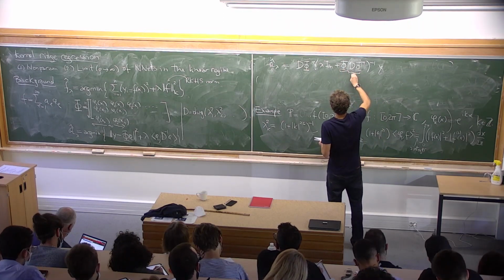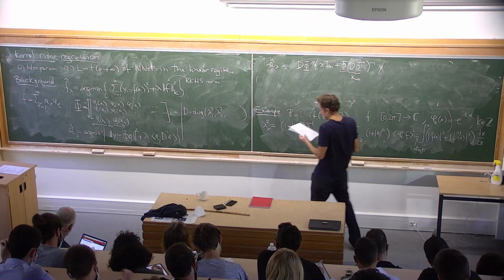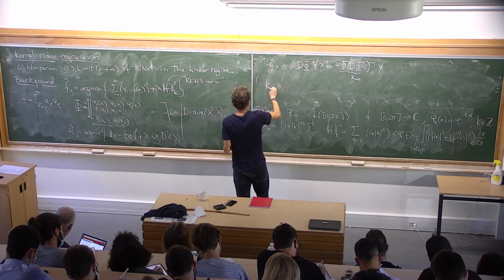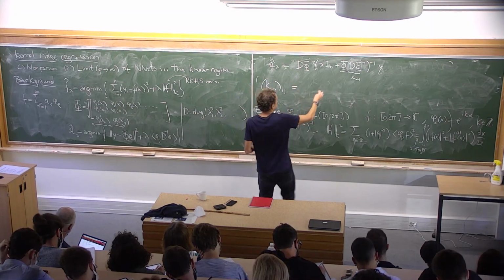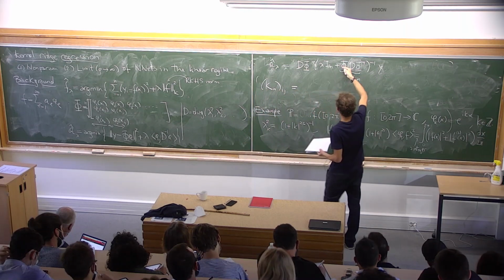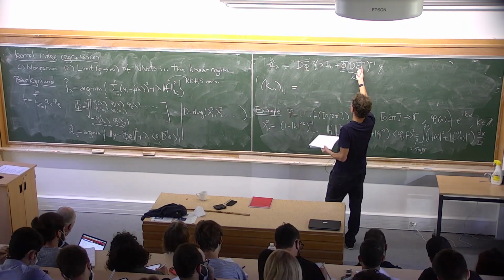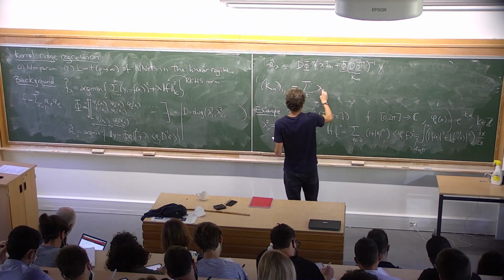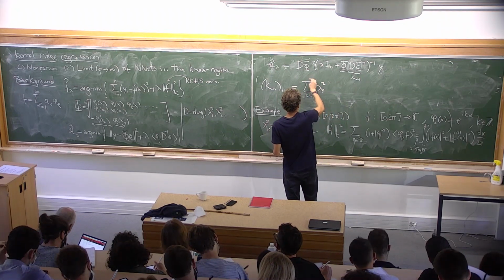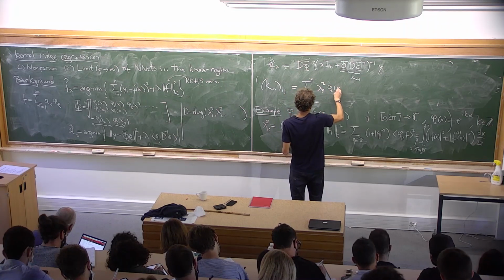And what is this matrix Kn? Well, it's an n by n matrix, and its entry ij is the inner product of row i of phi and row j of phi. So this will be the sum over L of lambda_L squared phi_L(xi) phi_L(xj).